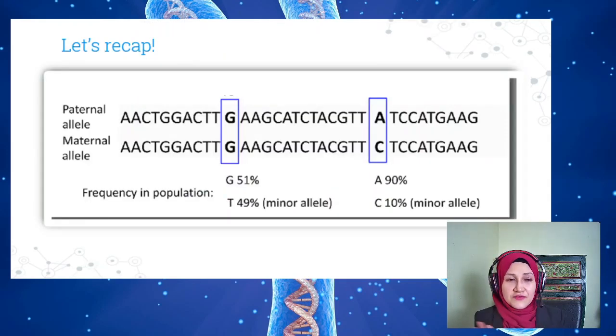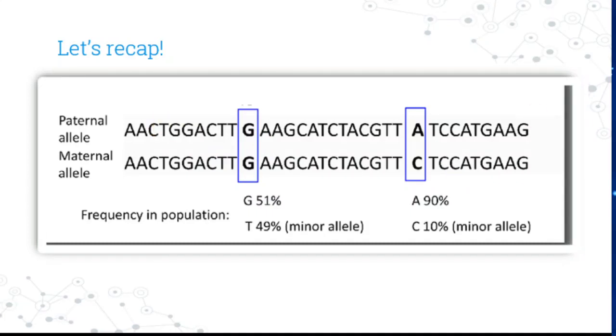So let's recap a bit. We have 2 strands of alleles here from the paternal side and maternal side. If we take the example of this one location, there is G here from the paternal side and also G from the maternal side. So this is the homozygous SNP. This is the homozygous genotype of GG.